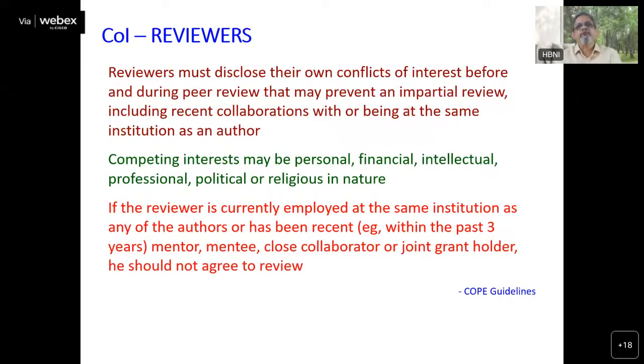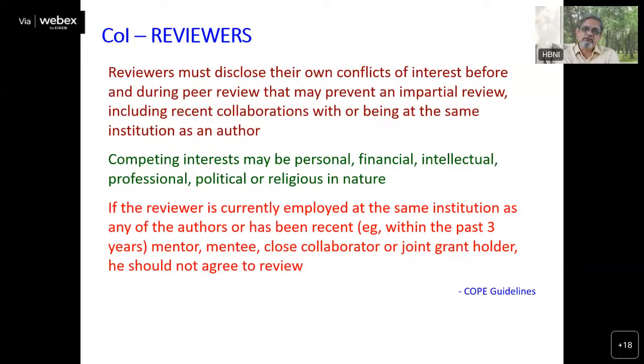Then you come to the reviewers. Who are the reviewers? Reviewers are those people who review the manuscript which has been submitted and make a recommendation to the editor on whether this particular manuscript may or may not be accepted by that journal for publication. Before that, these reviewers must disclose their own conflicts of interest.